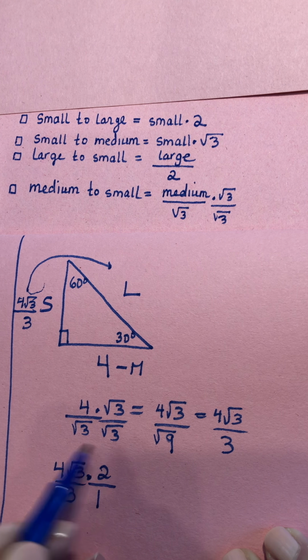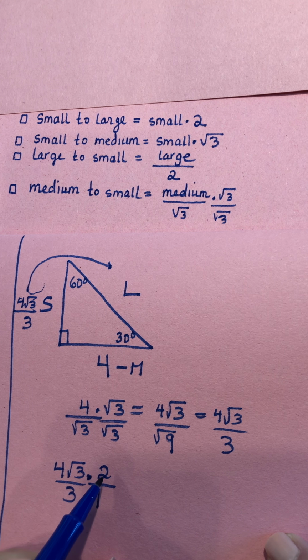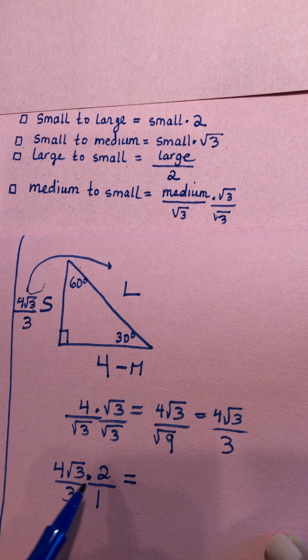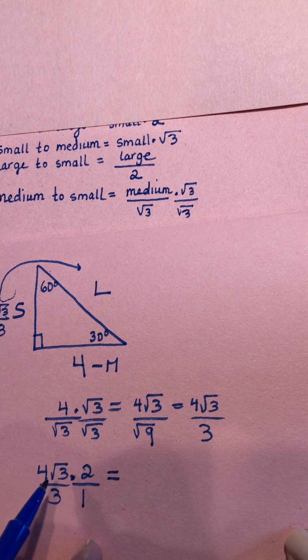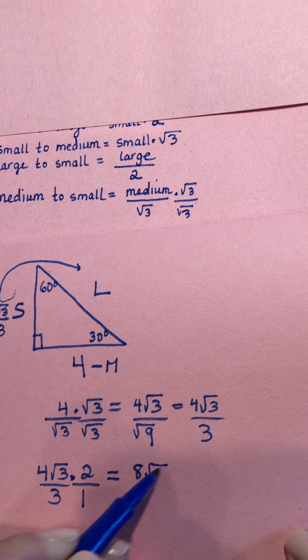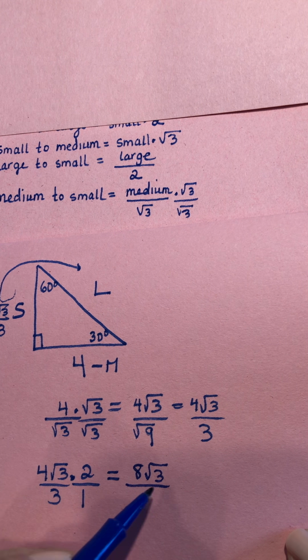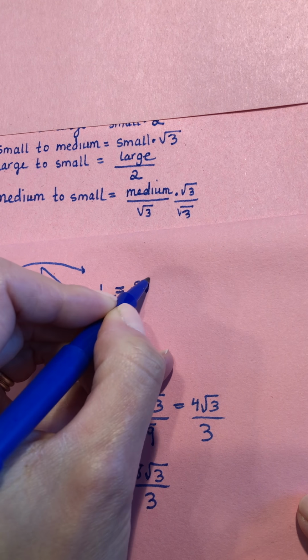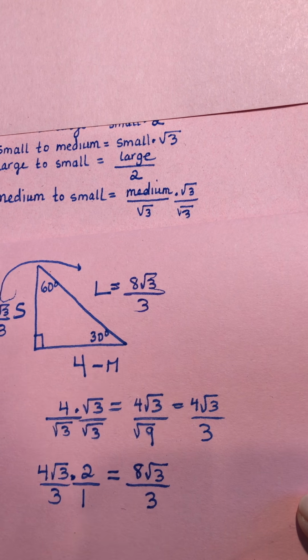Remember, when I'm multiplying by a fraction, that number is always going to be in the numerator, and you can always put it over 1. Numbers multiply numbers, radicals multiply radicals. So I'm going to multiply the 4 and the 2 to get 8 root 3. 3 times 1 is 3. So my large side is 8 root 3 over 3.